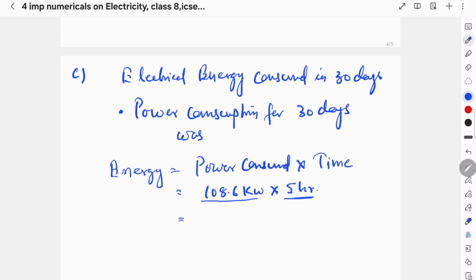So how much we'll get? So we are getting 543 kilowatt hour.